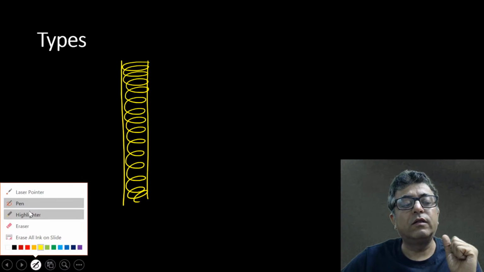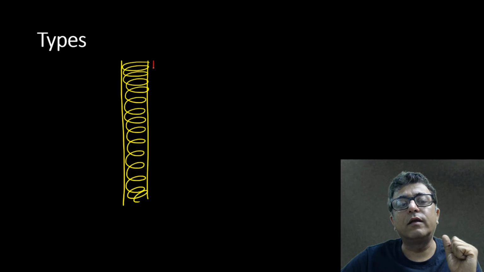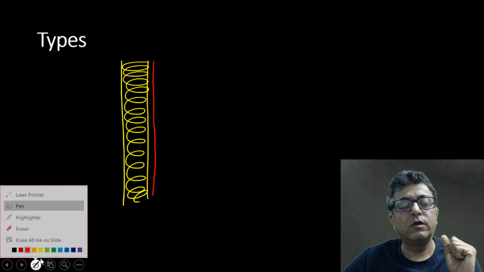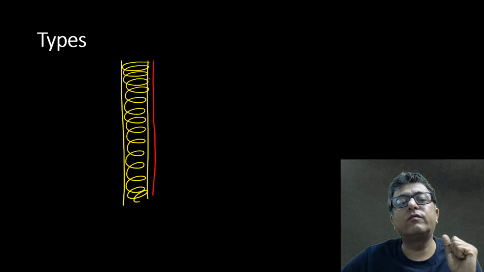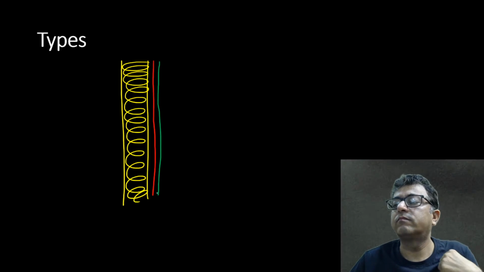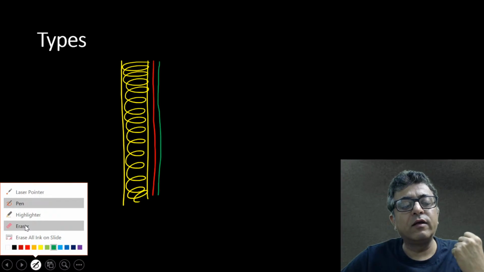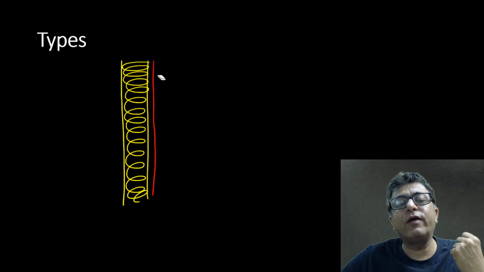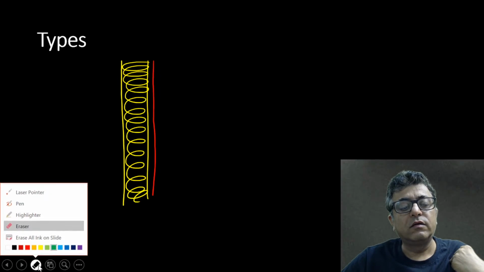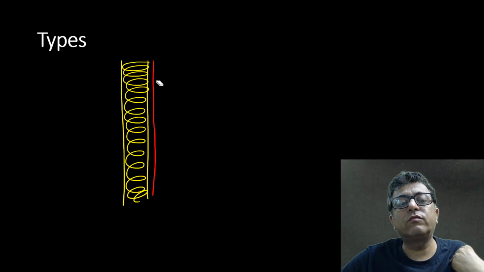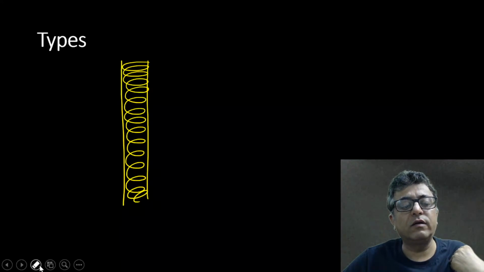This is the meninges over the spinal cord, and this is the bone. There are so many neural tube defects.